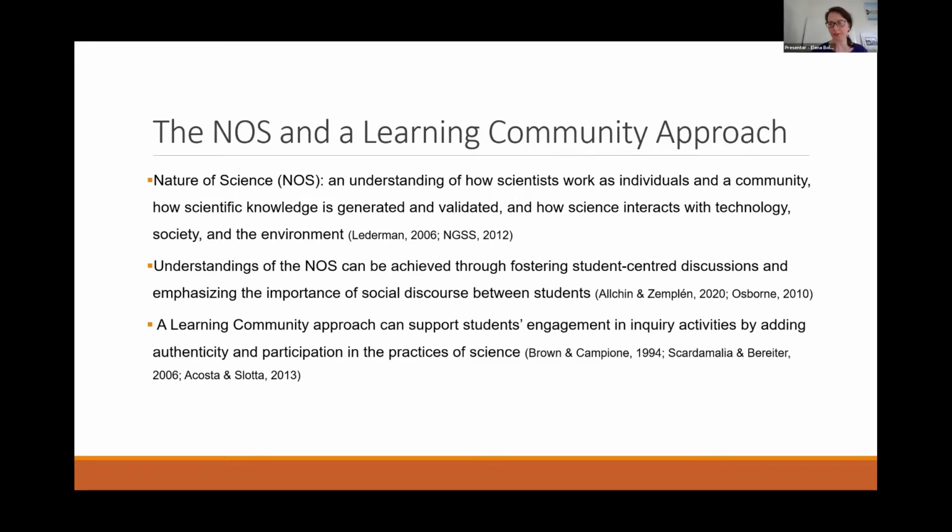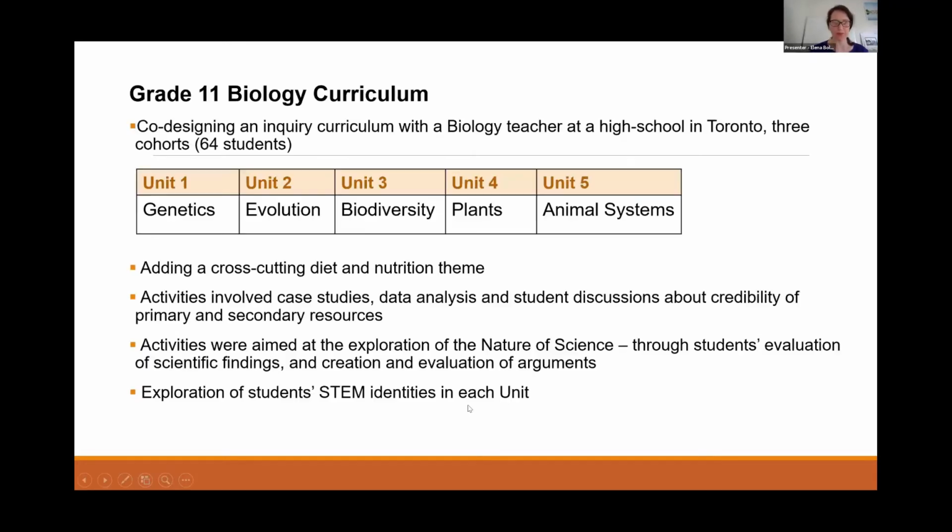Understandings of the nature of science can be achieved through fostering student-centered discussions and emphasizing the importance of social discourse between students. And a learning community approach can support students' engagement in inquiry activities by adding authenticity and participation in the practices of science in the classrooms.